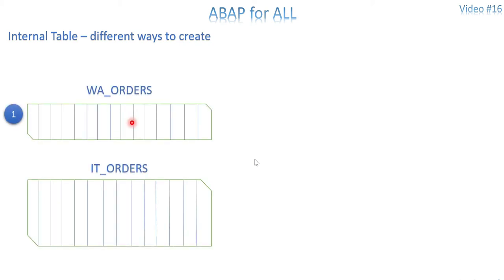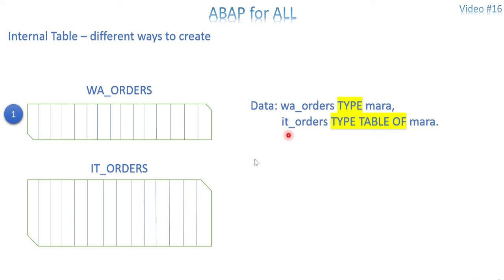The next one is the same fashion, independent work area and body, but I'm going to create it for all the fields of a database table. The syntax is very simple. Here I don't want a structure because I want all the fields, right? So I'm going to say DATA WA_orders TYPE MARA. MARA is the table name which is already available in your data dictionary.